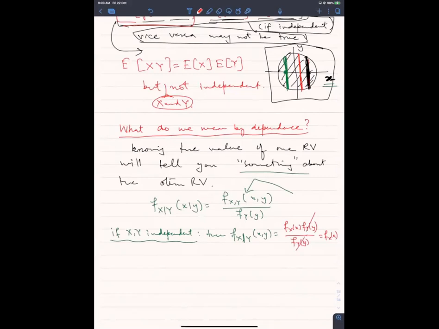So that means the conditional PDF of x given y is the same as the marginal PDF of x. And that makes sense, because x is independent of y.